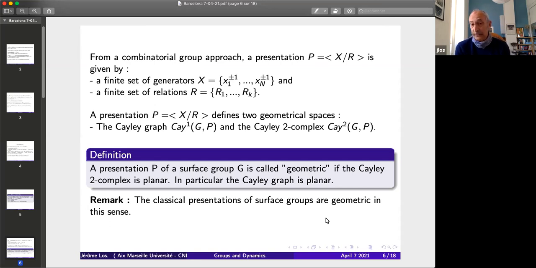And in particular, the Cayley graph is a planar graph. If you just think about the classical presentations of surface groups that you've learned probably at some point, it's very clear that they are all geometric in this sense. So the classical presentations of surface groups are geometric, and this is a subclass of all the possible presentations.